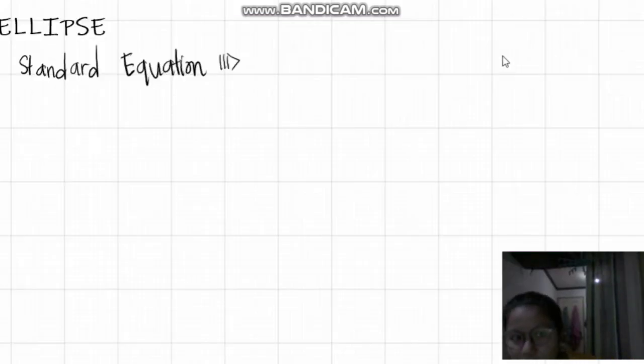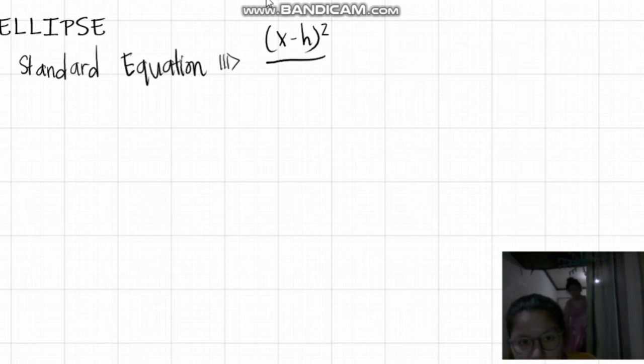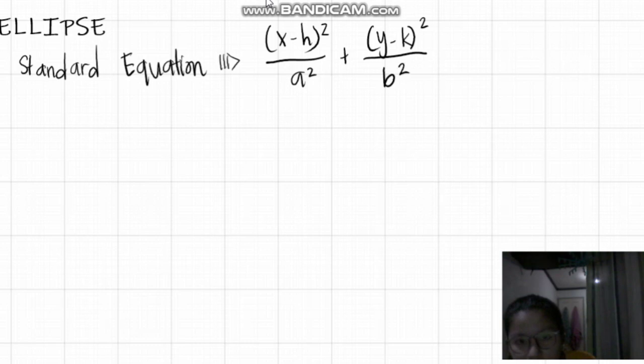So, the standard equation ng ellipse is x minus h squared over a squared plus y minus k squared over b squared equals 1.